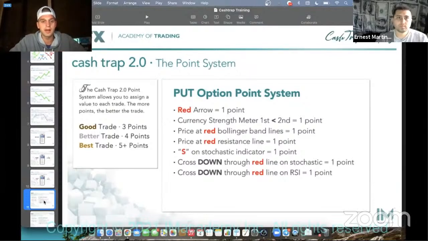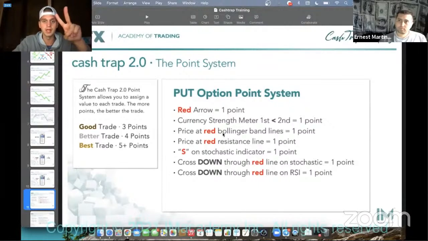Right off the bat, if you see an up arrow or a down red arrow, that's 1 point. If the strength meter's second currency, the bottom, is stronger than the top and goes with that arrow, that's another point, so that's 2 points.